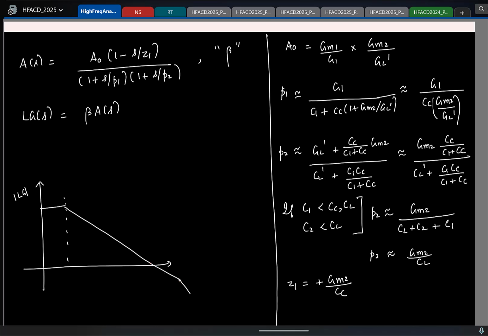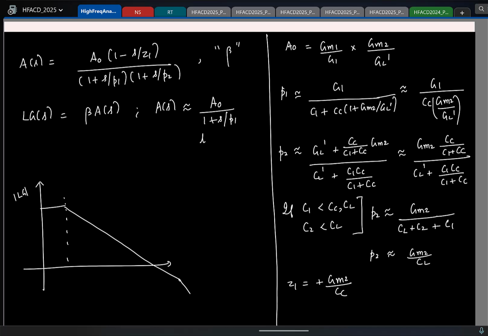So if this is the case, can you approximate A of S till the unity loop gain frequency? Can you tell me how can I approximate A of S? We'll ignore the zero and the non-dominant pole, which means this is like a first order system. Done.